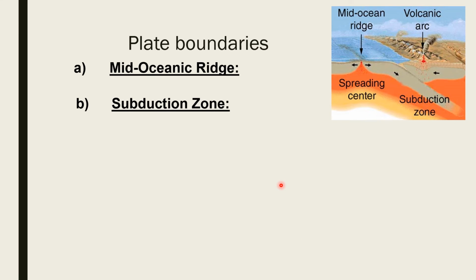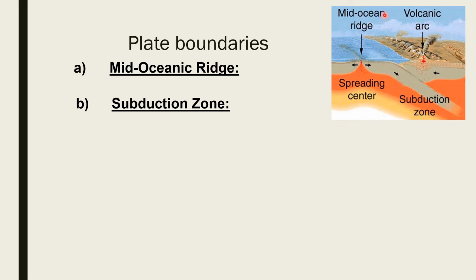Now, plate boundaries. There are two main boundaries developed due to plate movement. The first is the mid-ocean ridge and the second is the subduction zone. How do these two boundaries develop? This is the bigger picture, but shown on a small scale.